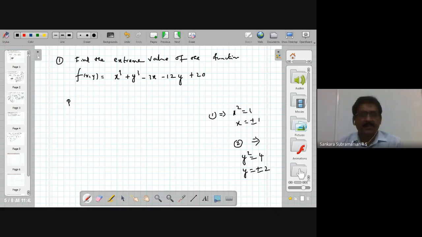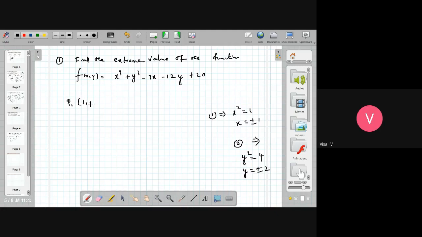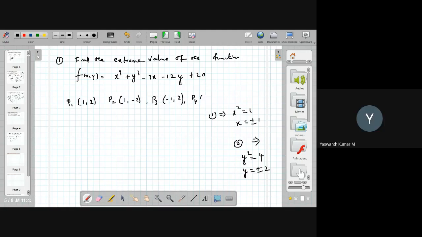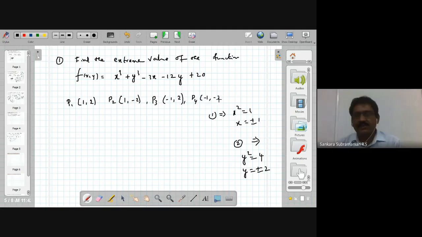So you have P1. X can be 1, and y can be 2, both positive, so 1 comma 2. P2, it can be 1 and negative, minus 2. Then third point is minus 1, 2. And the fourth is minus 1, minus 2.